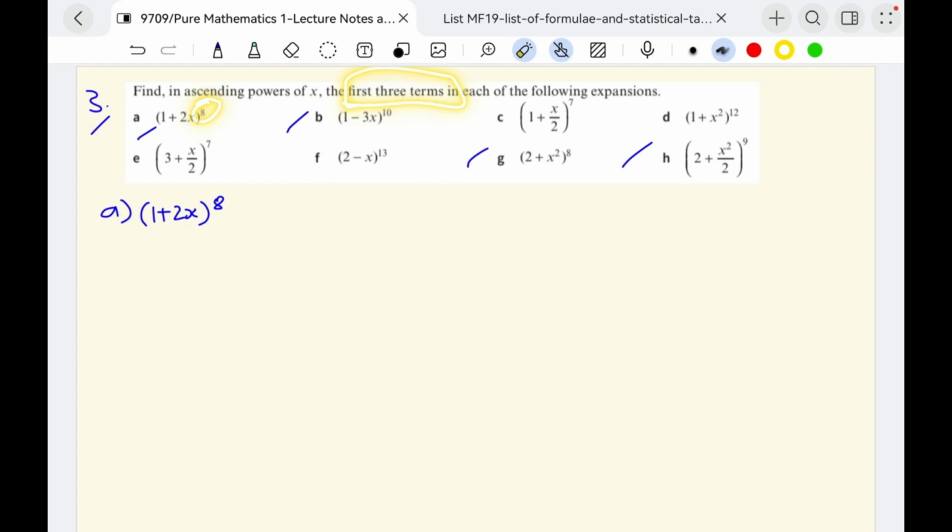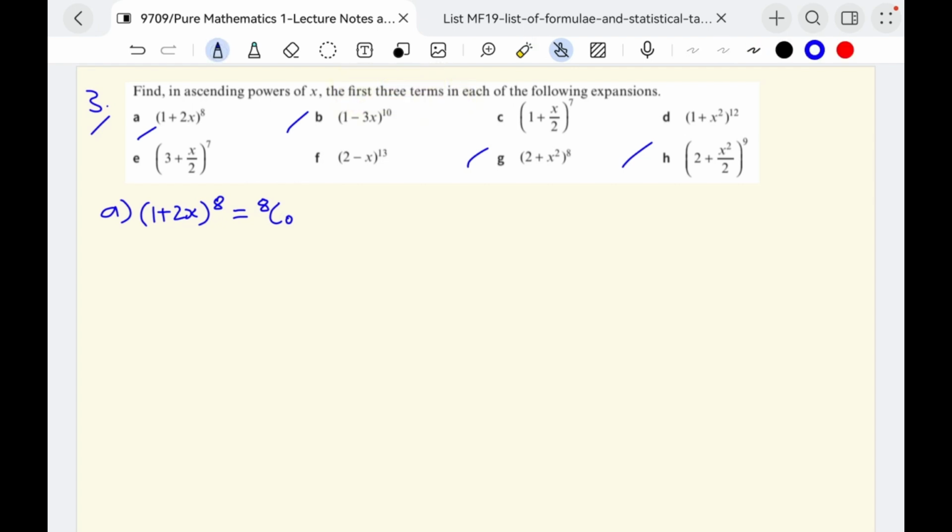So the integer r must start from 0, 1, 2, 3, 4, 5, 6, 7, 8, and so on. What is the first term? 8C0. We need 0, 1, 2 only, since it wants the first 3 terms only.